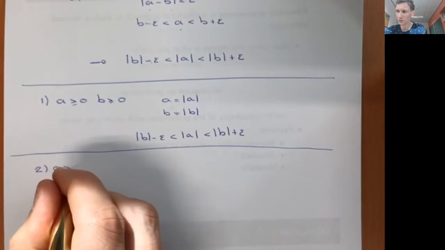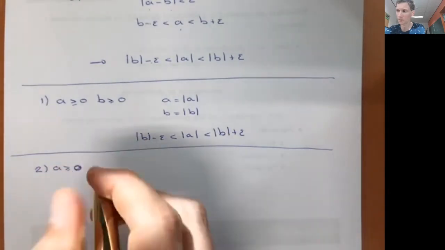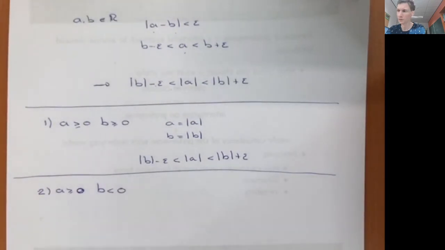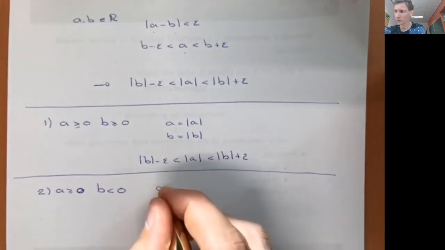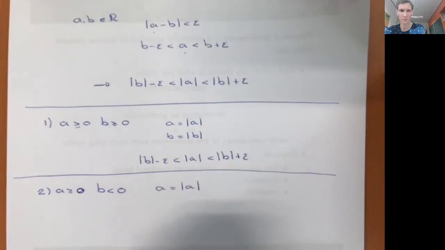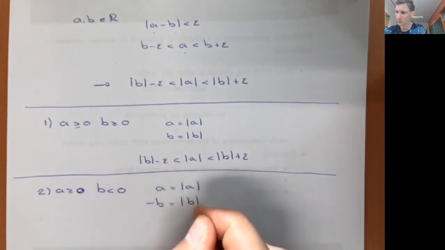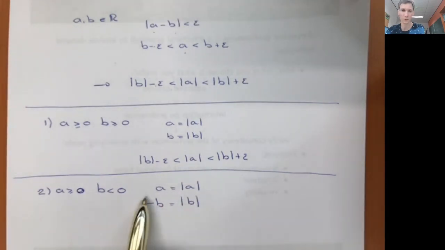In the second case we can take a bigger than 0 and b negative. So in this case we know that a is equal to the absolute value of a, and we know that minus b is equal to the absolute value of b. We have to flip the sign of b in order to get the absolute value.